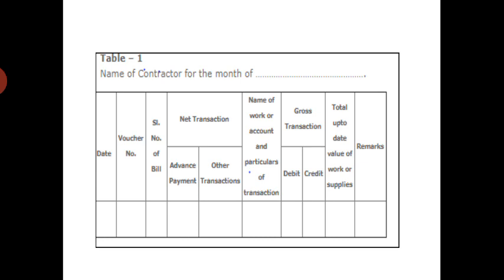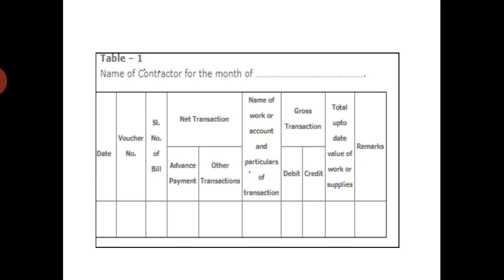Remarks means, if an advance payment is made, the contractor has to give some remarks, like an undertaking, saying why the advance payment of this much is made to me: this advance payment is made to me because I have completed this much work. That kind of remarks can be given by the contractors.